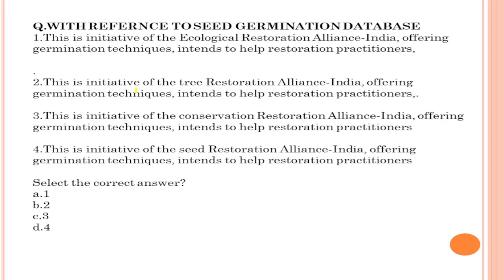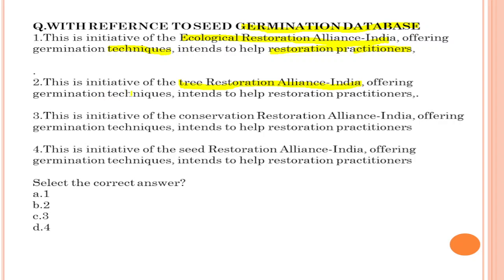Another question with reference to the Seed Germination Database. First, this is an initiative of the Ecological Restoration Alliance India, offering germination techniques intended to help restoration practitioners who can restore these plants or species for ecological restoration. Second, this is an initiative of the Tree Restoration Alliance India.